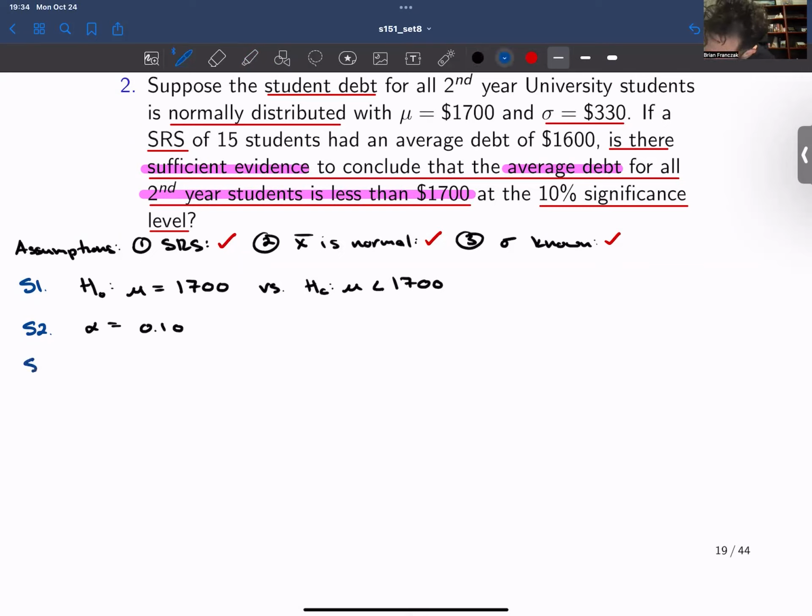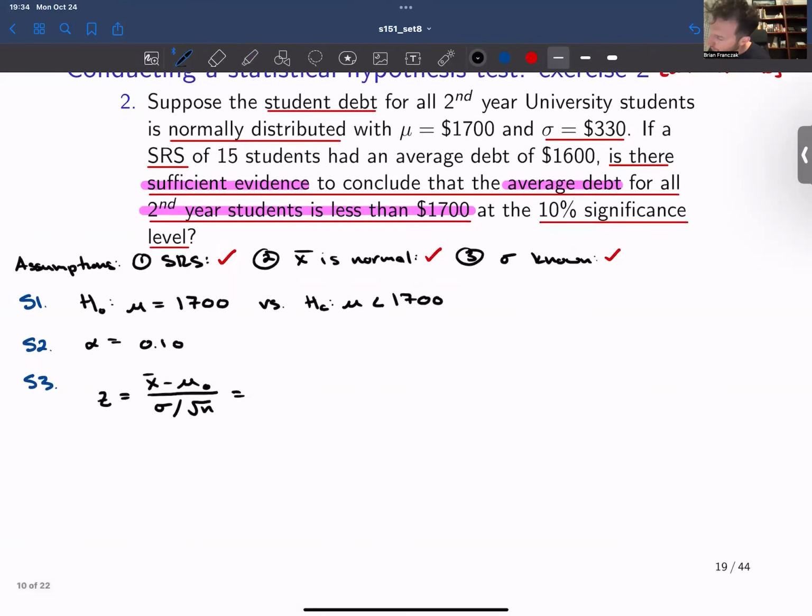All right, on step 3, we compute our test statistic. So we have Z. We know it's a Z score because sigma is known, is equal to X bar minus mu 0 divided by sigma over the square root of n. Okay, X bar is given to us in the problem. It's $1,600. Mu 0 is the value that we assume mu to be equal to. In this problem, we have H0: mu equals 1700.